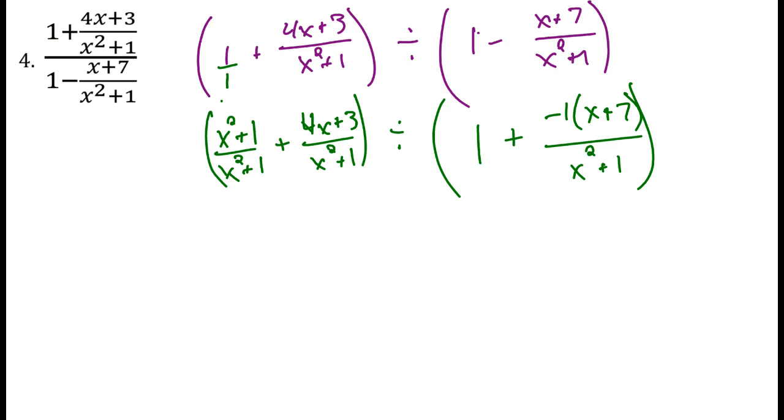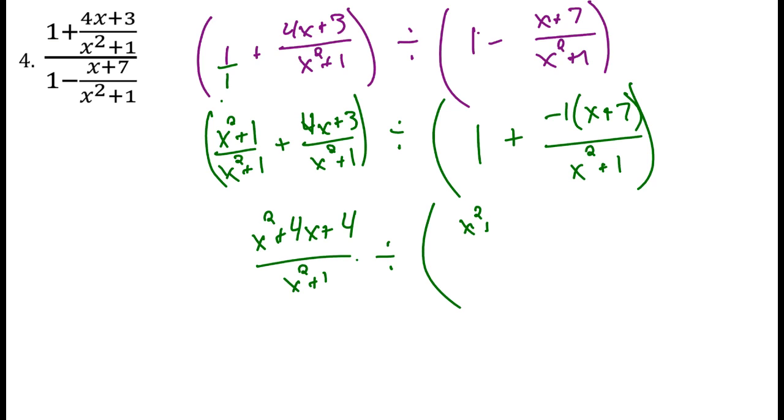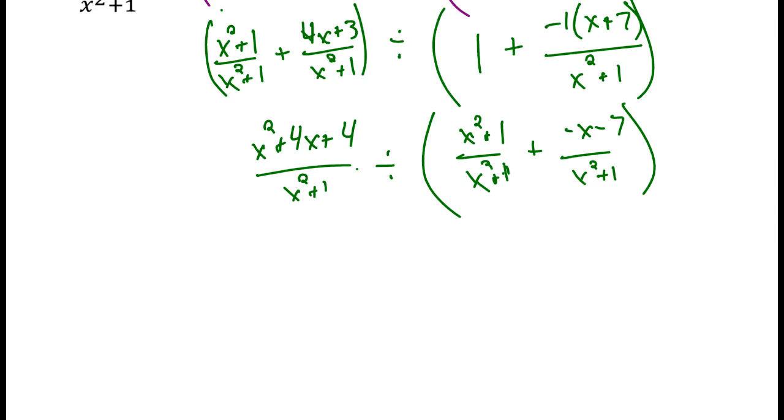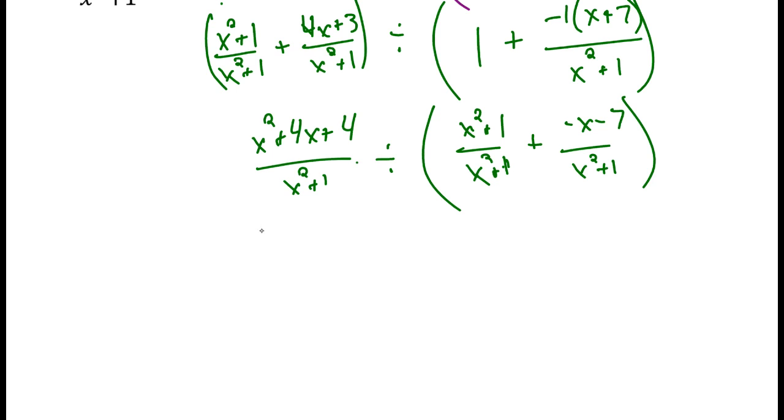Over here, I have x squared plus 4x plus 4 divided by x squared plus 1, divided by, well, 1 is really x squared plus 1 over x squared plus 1 plus negative x minus 7 divided by x squared plus 1. So now that I finally wrote this as one fraction, I can finally make this division question a multiplication question.